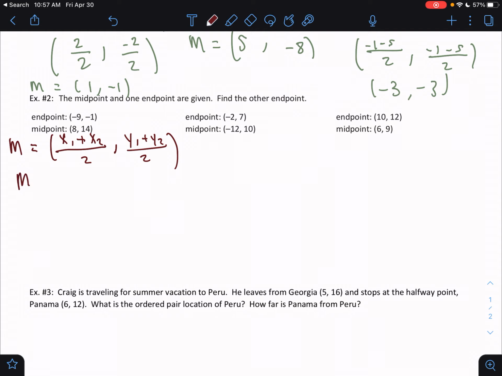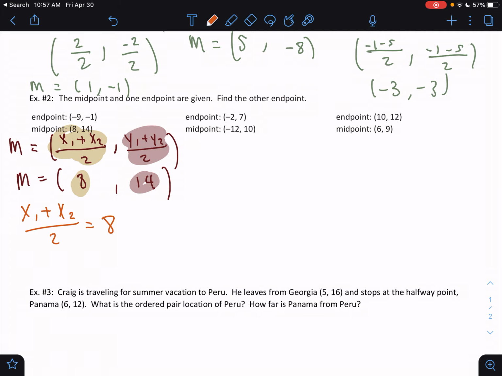So I know that my midpoint is 8, 14. So this whole thing equals 8. This whole thing equals 14. So let's write that in equation form now. So x1 plus x2 divided by 2 is 8. And then y1 plus y2 divided by 2 is 14.